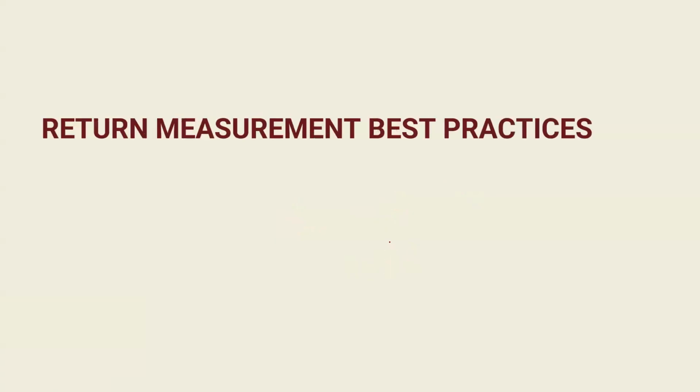Then what are the best practices? In the context of this chapter, there are three things which have been discussed. Consistency has been discussed. Now, consistency means basically you need to use the same methodology across different periods, and you need to document your calculation methods properly and consistently. Then there should be transparency.